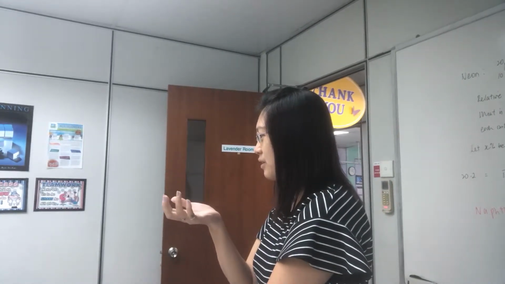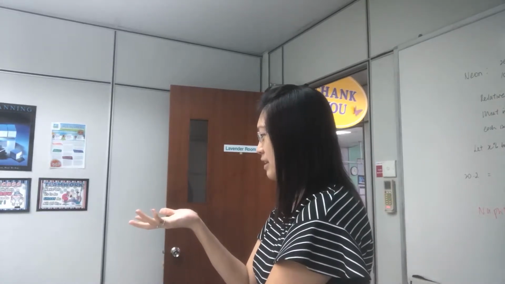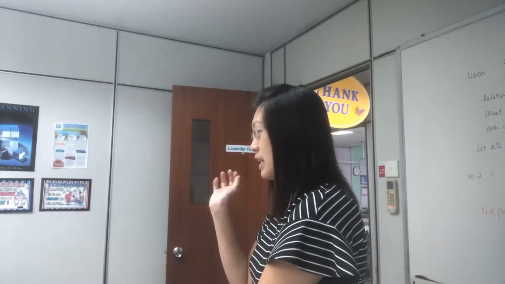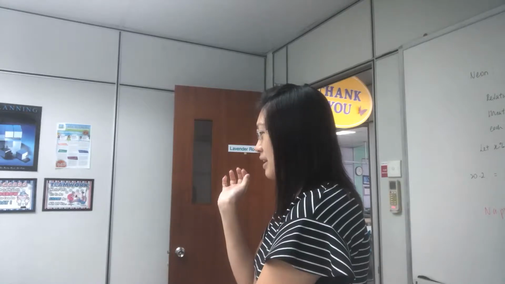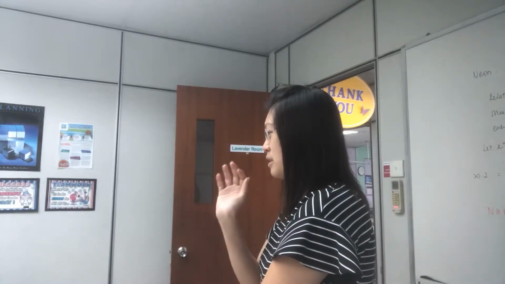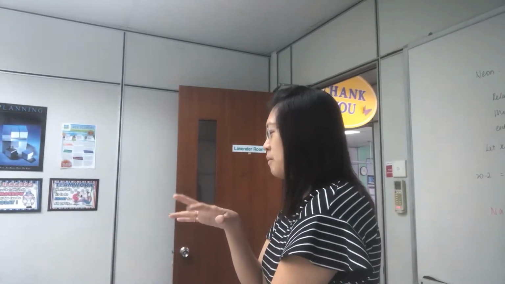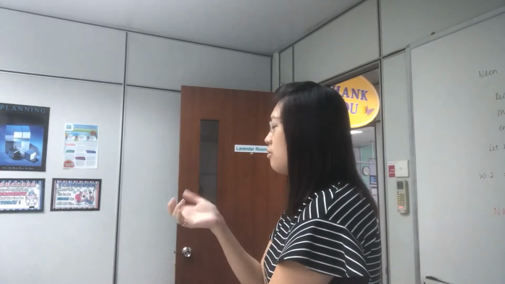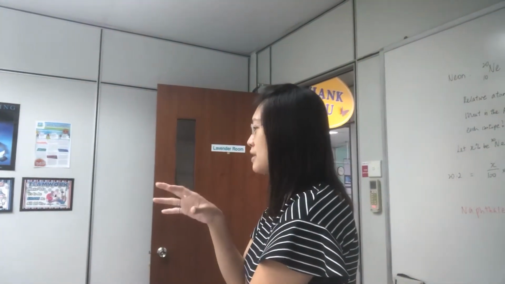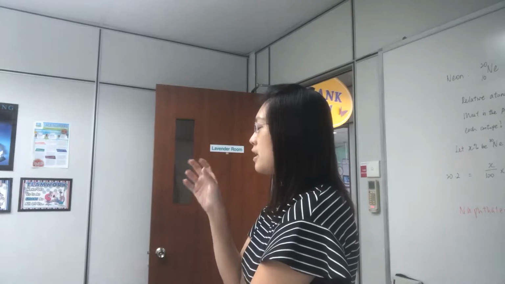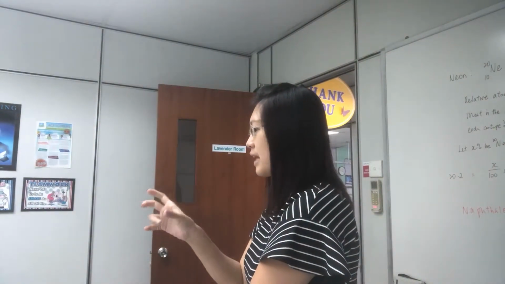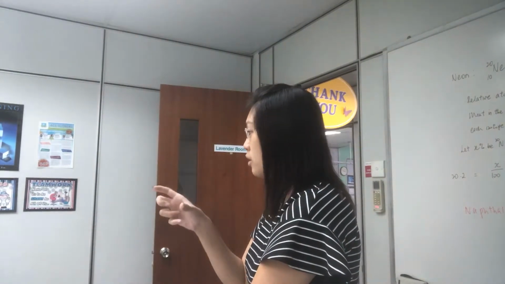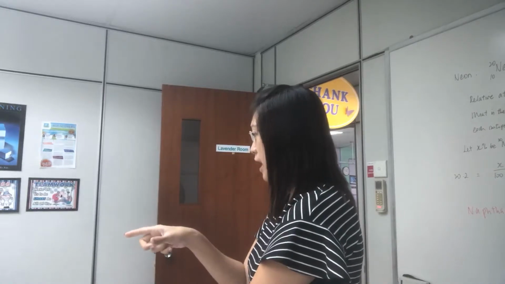Universal indicator. Only universal indicator. Methyl orange, phenolphthalein, all these cannot be used to detect the pH value because they are indicators that can only work within a range of pH values.